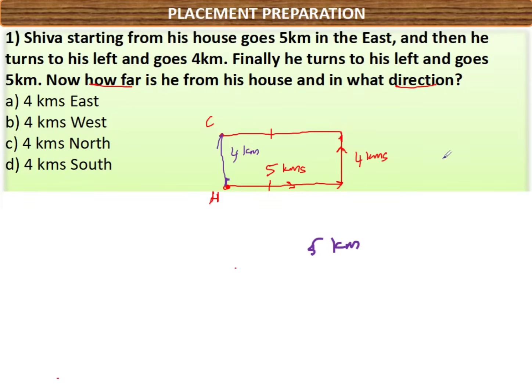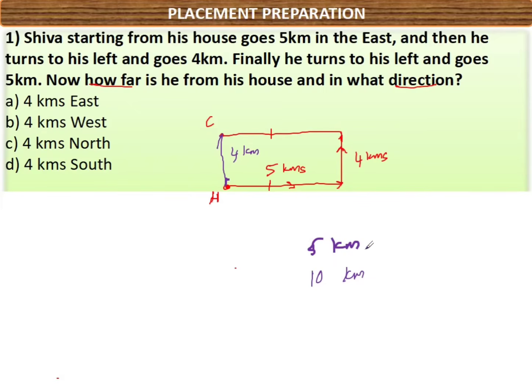Assume another person is telling, sir, my home is 10 kilometers away. Is your home 10 kilometers from Punjab? No, right? So you should have clarity while telling the answer. You have to tell 5 kilometers from where.